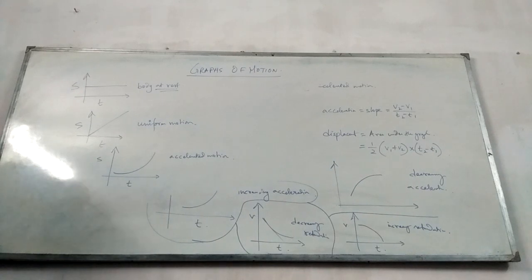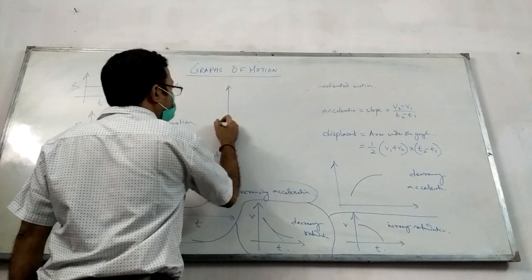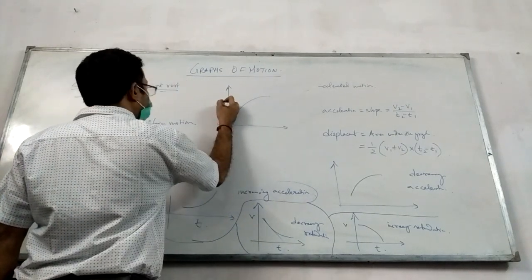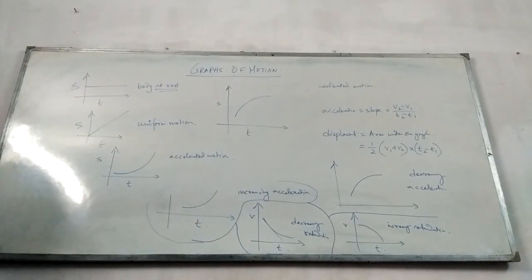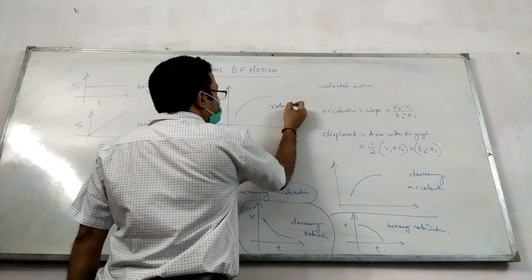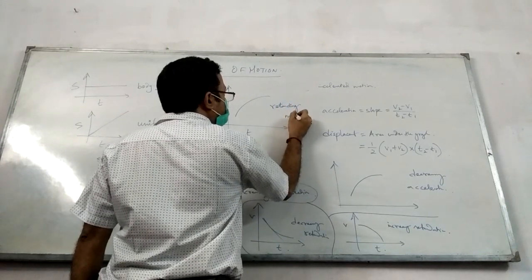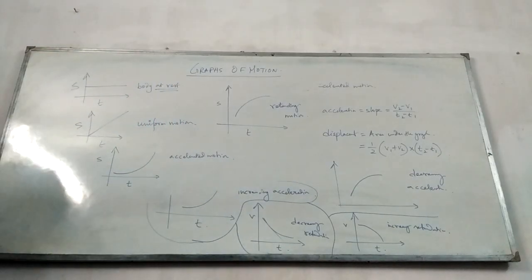Is that clear? Get a graph like this. Retardation. Retarding motion. Is that clear?